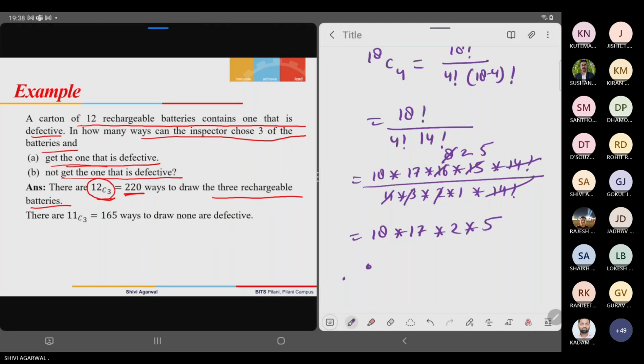A part, get the one that is defective. So 11C3 is the ways to draw none that are defective.